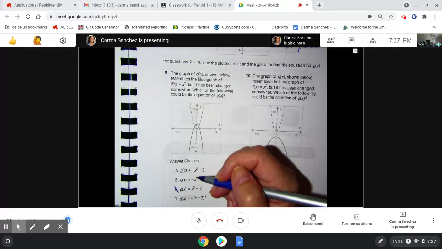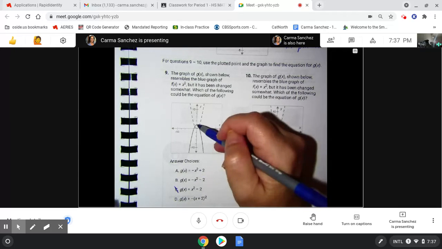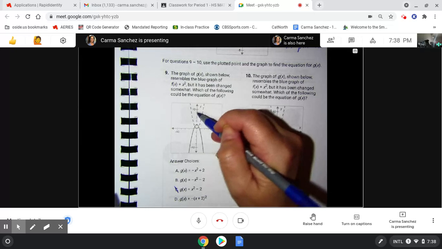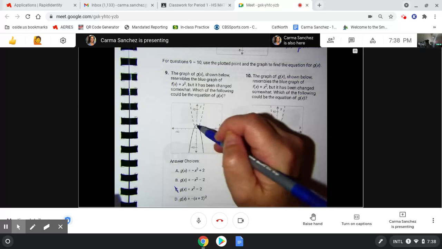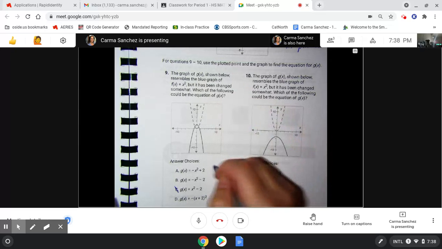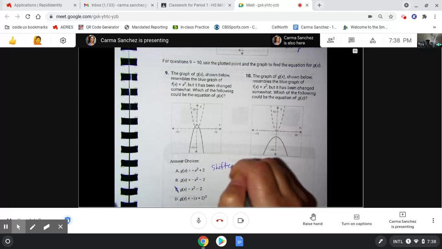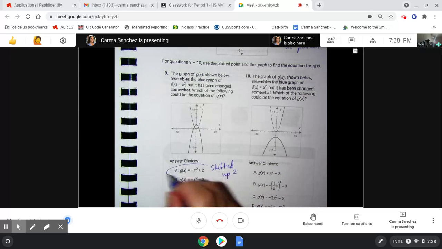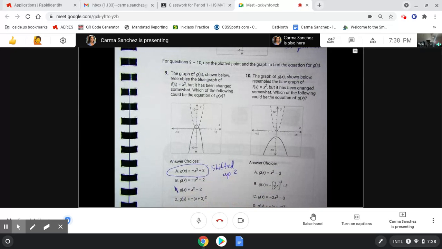The graph is also shifted up by 2 units. Now, be careful here. Did you notice that that was 2? 2, 4, 6, 8, 10. Careful on the scaling. So it's been shifted up 2. Which of these equations show a shift up 2 with that negative coefficient? Answer should have been A.